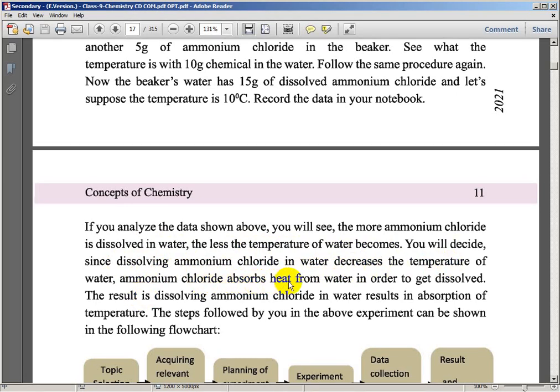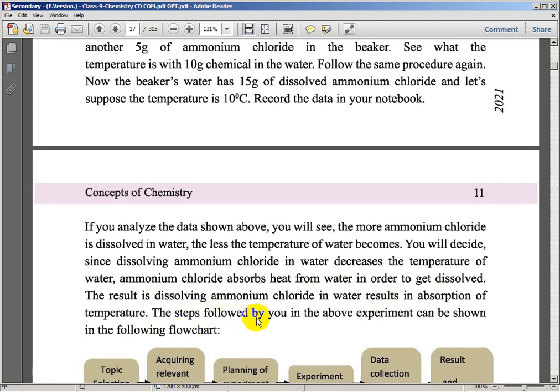Ammonium chloride absorbs heat from water in order to get dissolved. The result is that dissolving ammonium chloride in water results in absorption of heat.